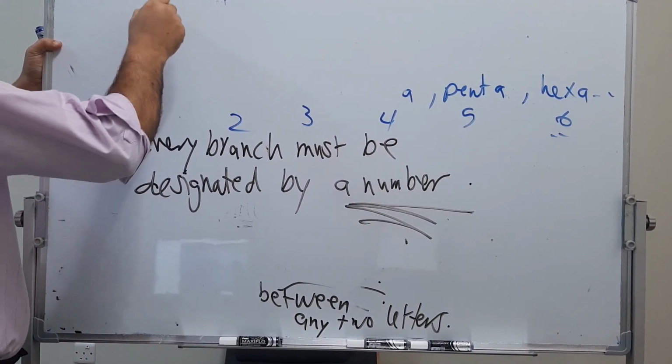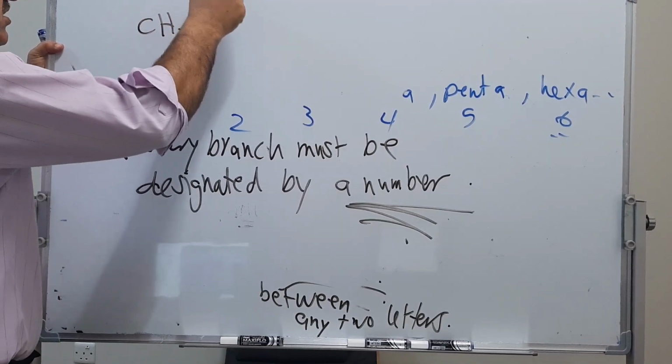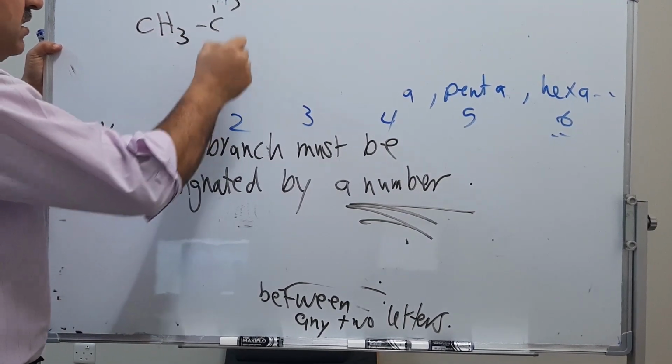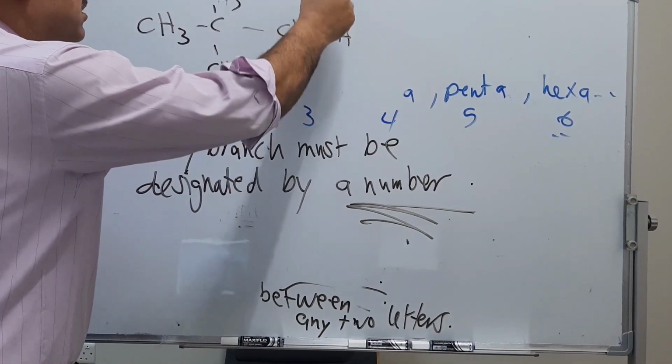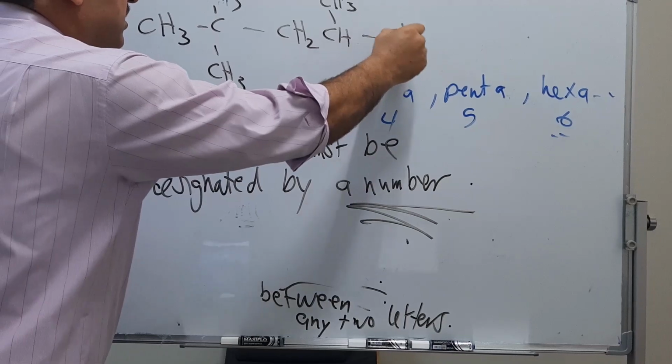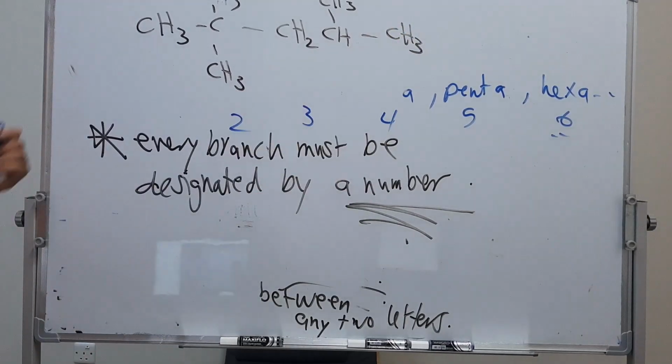Suppose we have CH3, C, CH3, CH3, CH2, CH, CH3, then CH3. Alright? So, what's the longest continuous chain of carbon atoms, guys, of this example? 5, exactly.